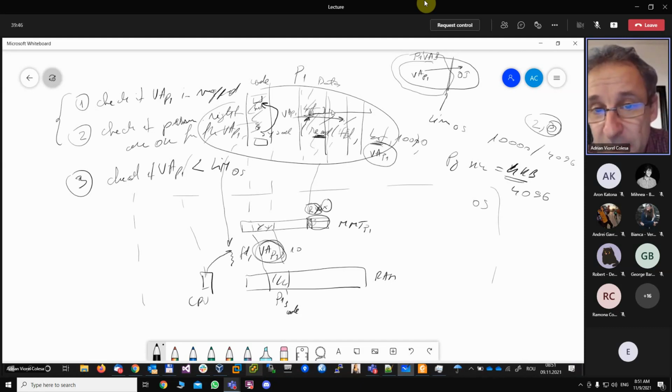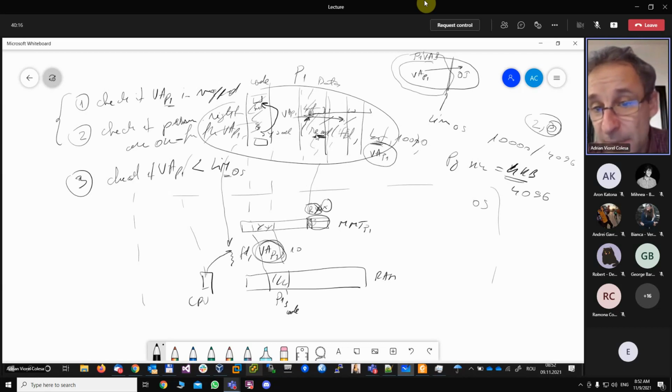But maybe those bytes here should not be okay anymore. Maybe that part of the buffer could be in the OS part of the memory, or could be not mapped, or could be not given the necessary permissions. So specific to each system call, you have to check the entire memory which will be accessed by the operating system when handling that system call.